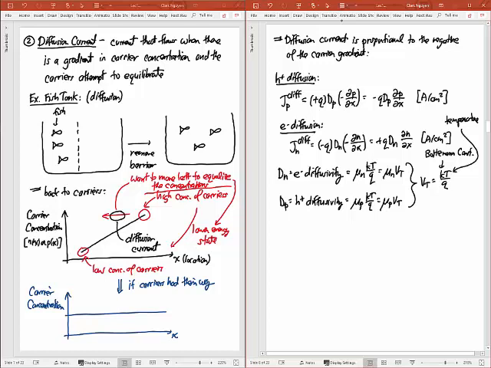And at room temperature, this is about 25 millivolts. It is a voltage. Okay, and so I'll say at room temperature, which is about 25 degrees Celsius.